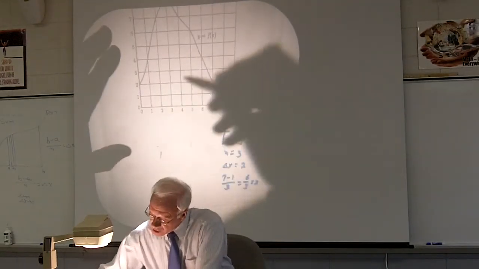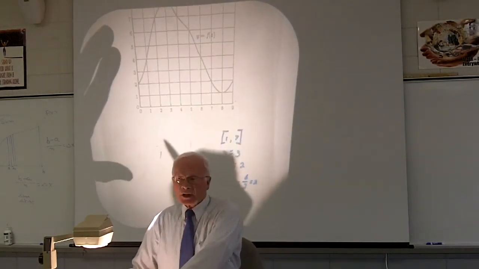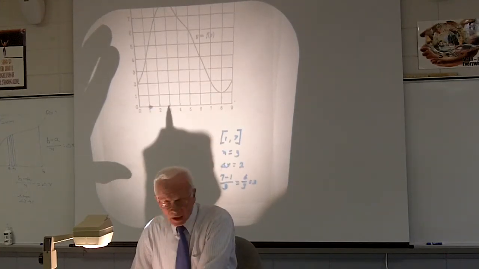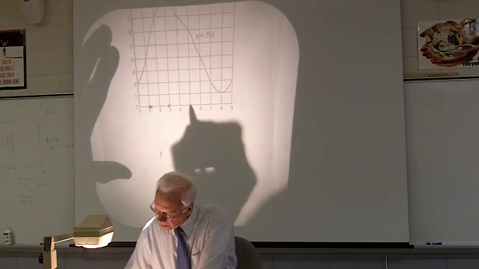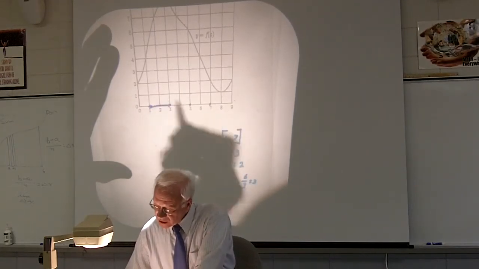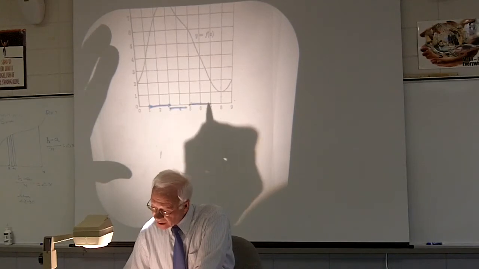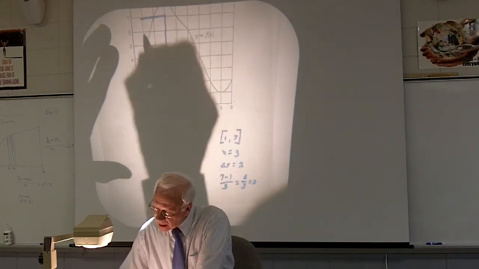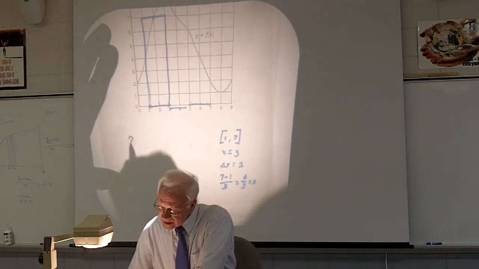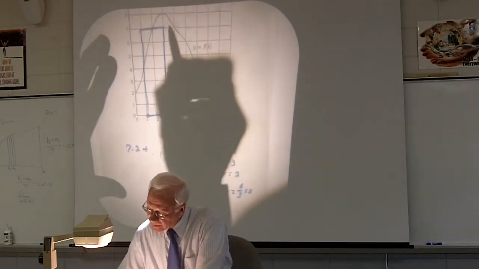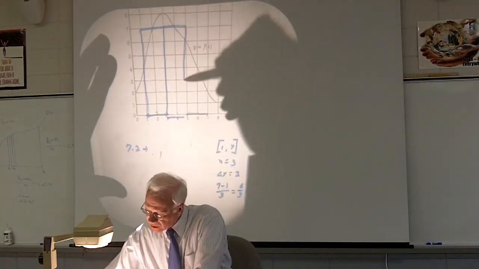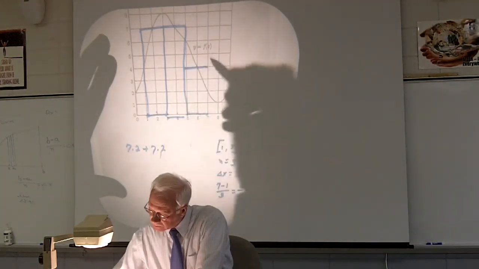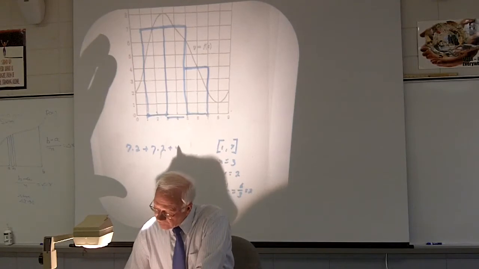Now let's do it in the middle. This is my first grid mark, from here to here, and here, and here. So this is one, here's another, and here's another one. The middle one here is right here, so I'm going to look at this. How high am I? 7. So 7 times 2, plus the middle one, 7 times 2 again, and the last one is 4 times 2.